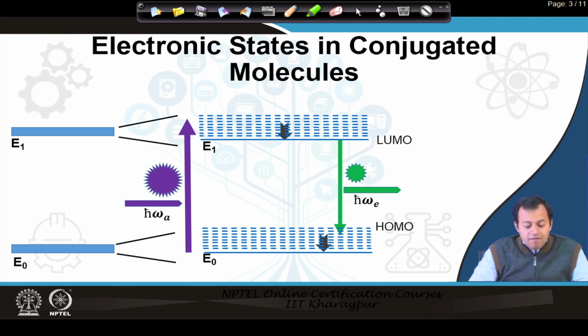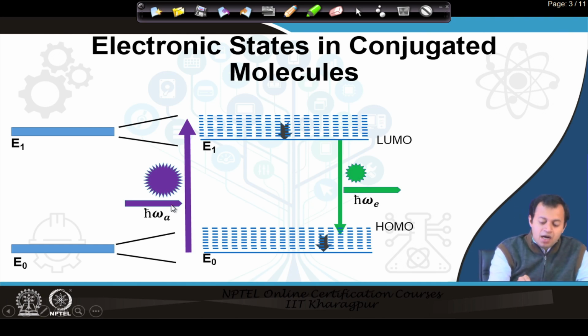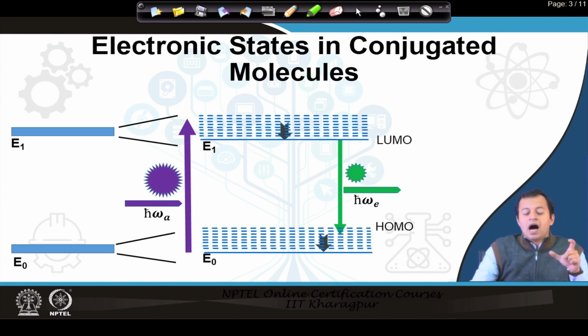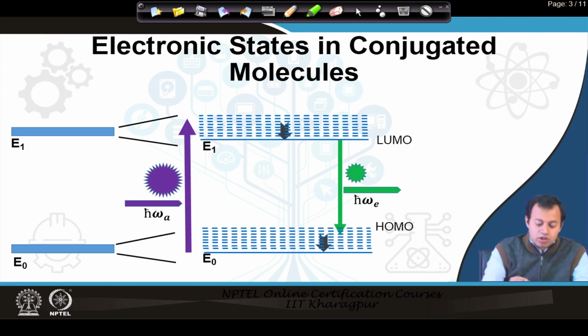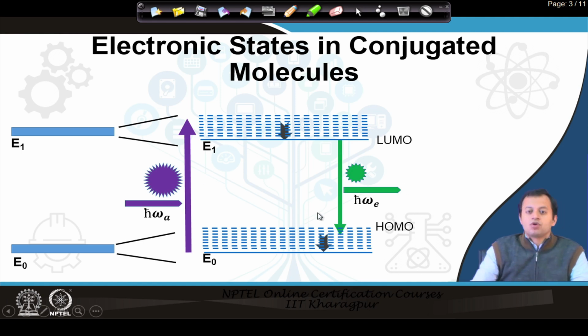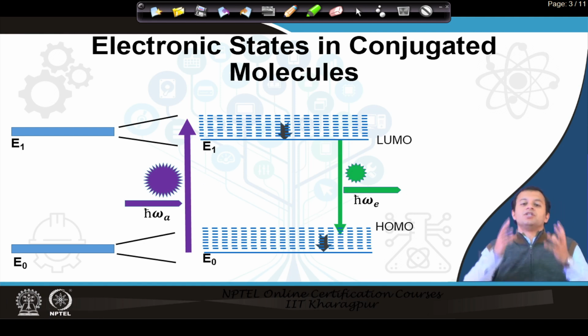Here, whatever photon has been absorbed, given by this particular frequency, a part of it is lost while traveling inside the higher energy band. Understand this. In conjugated molecules, the absorbed photon and the emitted photon are of different energies, different frequencies.